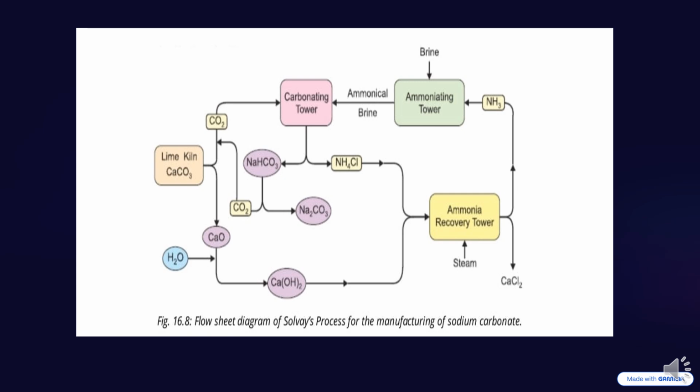Carbon dioxide is used in carbonating tower, where calcium oxide is mixed with water to produce calcium hydroxide. Calcium hydroxide is further reacted with ammonium chloride in ammonia recovery tower, and as a result we get ammonia, which is one of the raw materials used in our first step. The only byproduct produced during this process is calcium chloride.